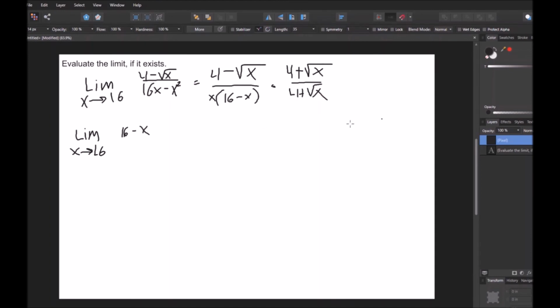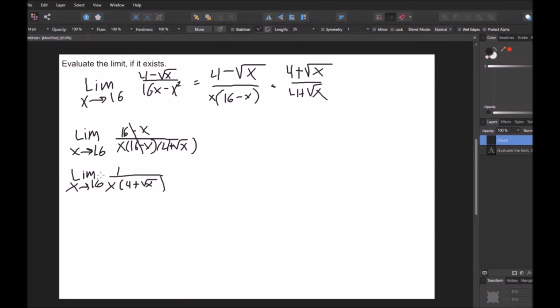So 16 minus x over x times 16 minus x times 4 plus square root of x. So these will cancel out here, giving me the limit as x approaches 16 of 1 over x times 4 plus root x.